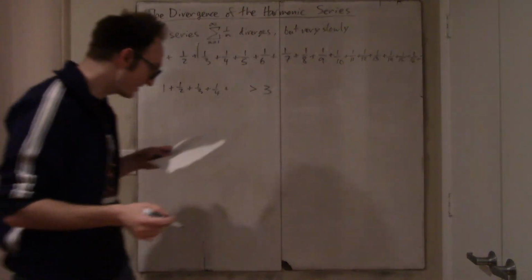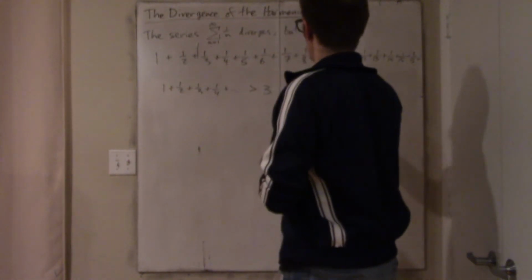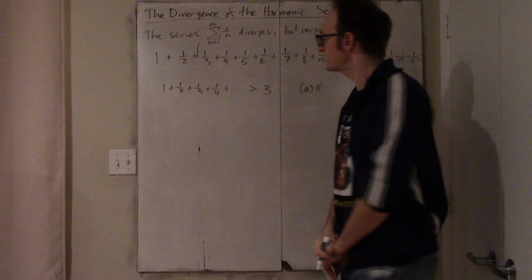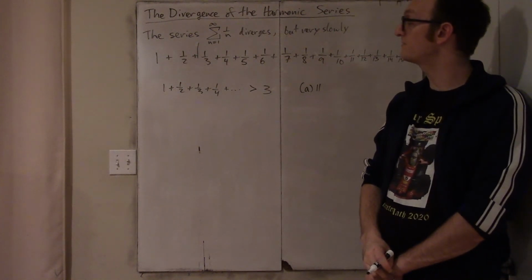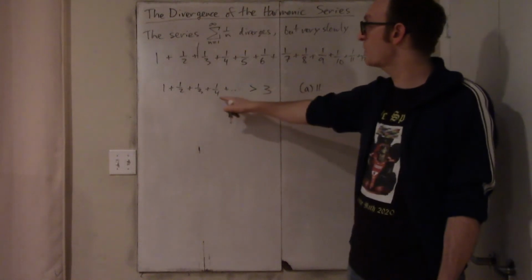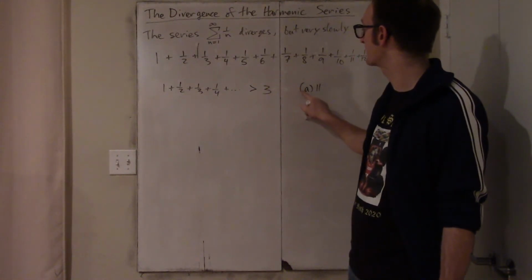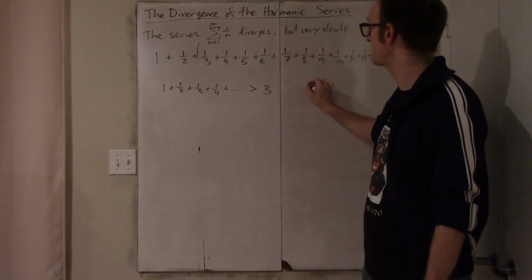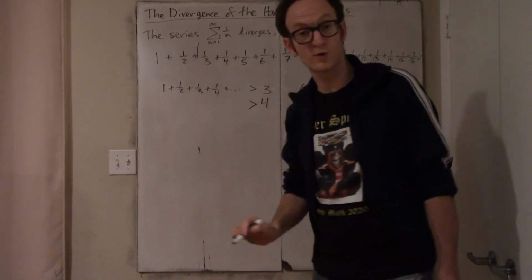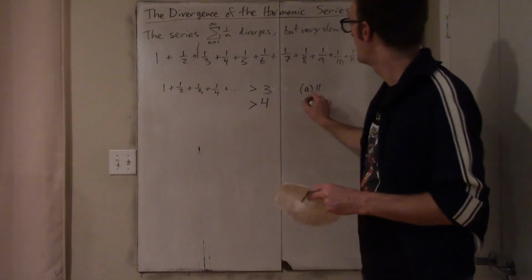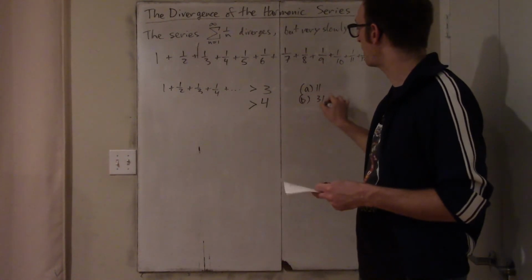And the answer, this was part A, is 11. So it takes 11 terms of this sequence, you have to go out to the 11th partial sum in order for it to be bigger than 3. How far out do you go in order for the sum to be bigger than 4? Well, the answer is 31.